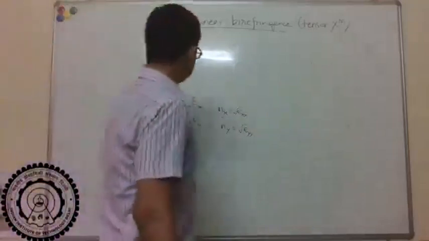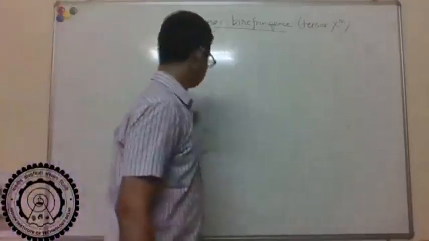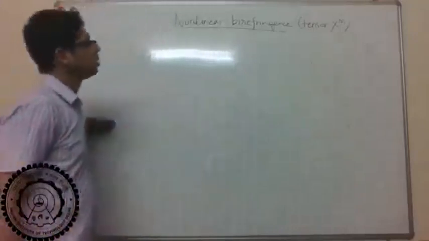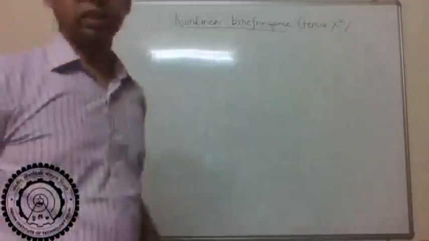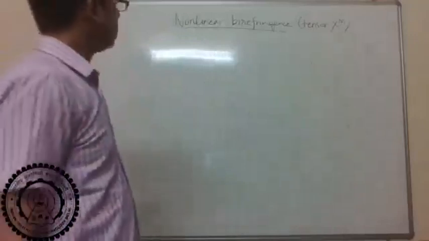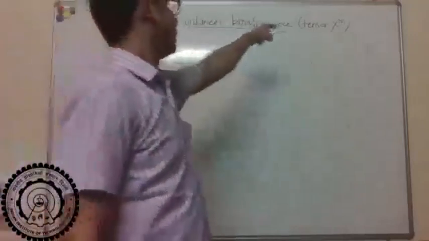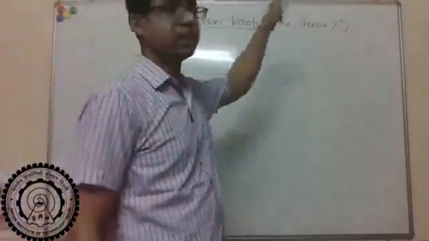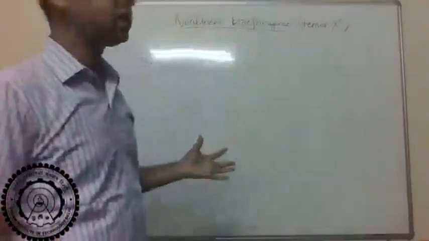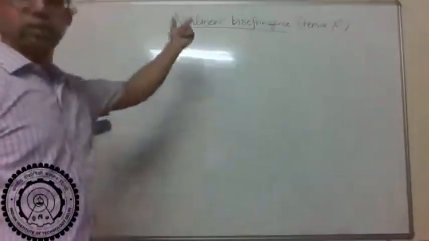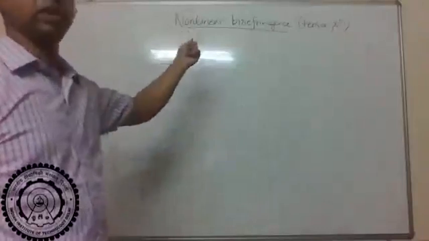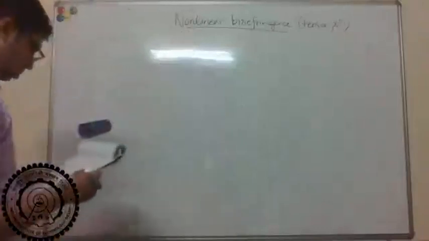Of course, you don't have birefringence in isotropic materials, because by definition it's isotropic. But we'll see that if you have a nonlinearity, specifically chi3, then even in isotropic materials you can get something like a birefringence.